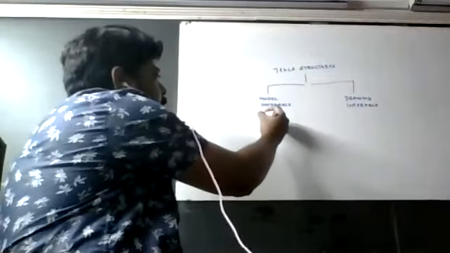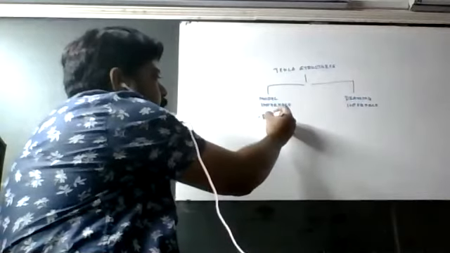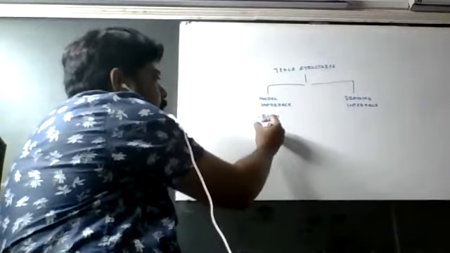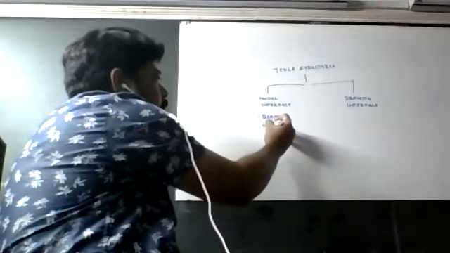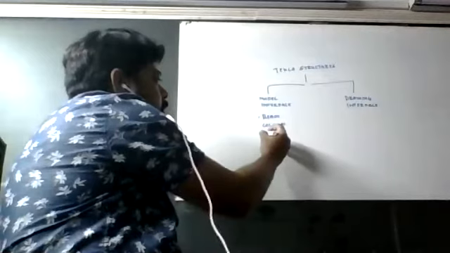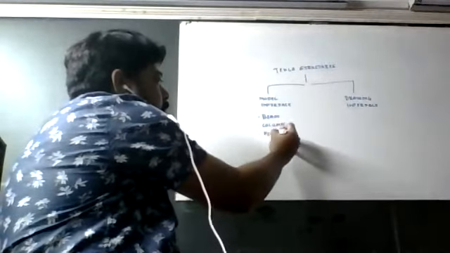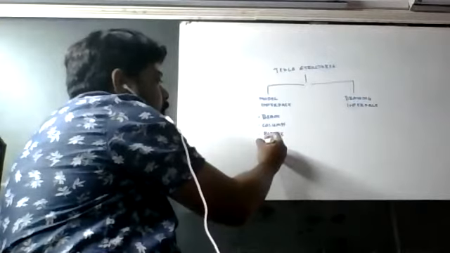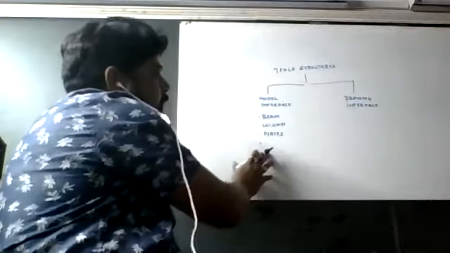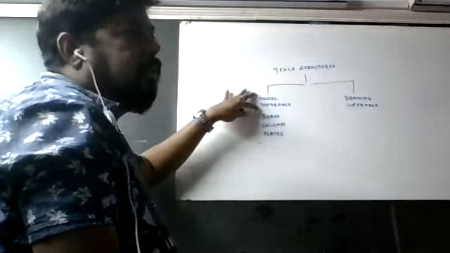In the model there is beam, column, then plates. These are the elements which are available for modeling a building, or a structure.